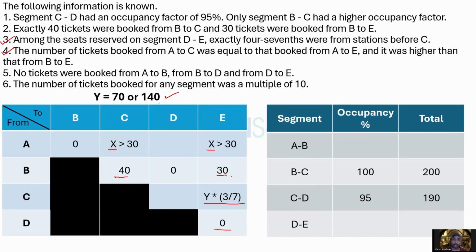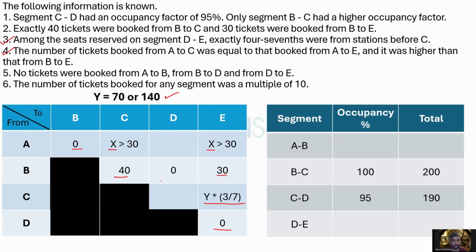So the remaining 130 people on the train from B to C should have booked their ticket from A. And I know that A to B people is 0, which means no one is getting off at station B. Everyone who is getting onto the train from A is traveling at least till C.